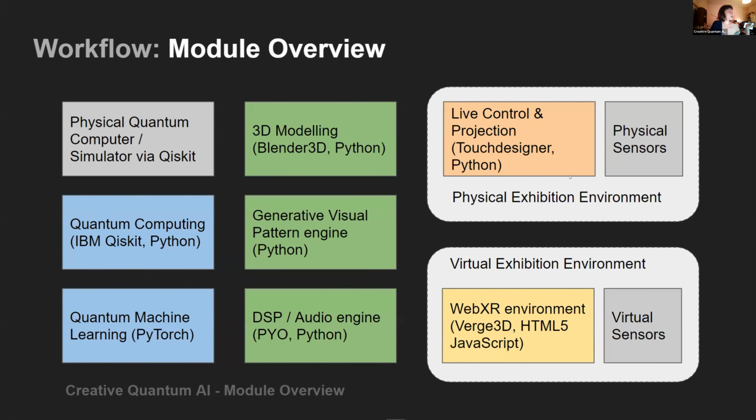This is an overview of our workflow. So as you can see, the whole project is modular. And on the hardware side of things, we use the superconducting quantum computers that are provided by IBM. They are free to use and you can access them through the cloud. Locally, we are, of course, going CUDA. So we have GPU and TPU enabled PyTorch models.